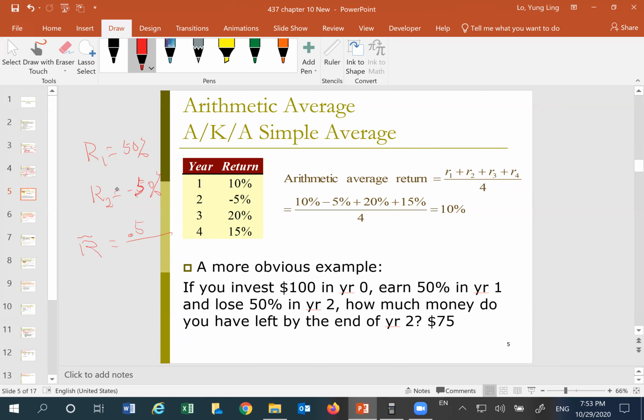R1 is 0.5, R2 is negative 0.5, and divided by 2 observations, my arithmetic average is actually 0% return per year, right?